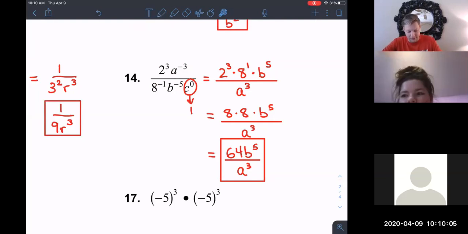Okay, and then of course c to the 0 is 1. So in my next line, there is no c because we're just multiplying whatever's on the bottom. We're multiplying it by 1, and multiplying it by 1 doesn't change anything.